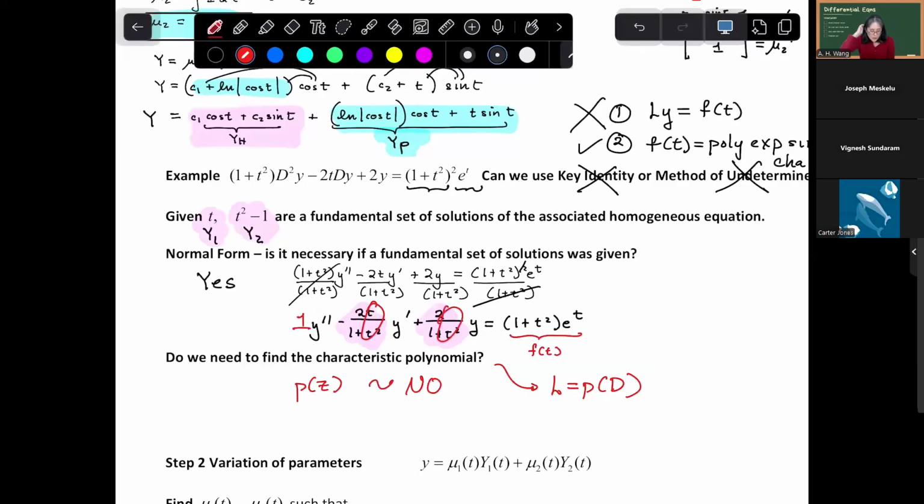So it doesn't even apply. You're not going to use L equal P of D. Plus, we gave you the fundamental set of solutions anyway. So make sure you always worry about normal form, but here it's not even constant coefficients.